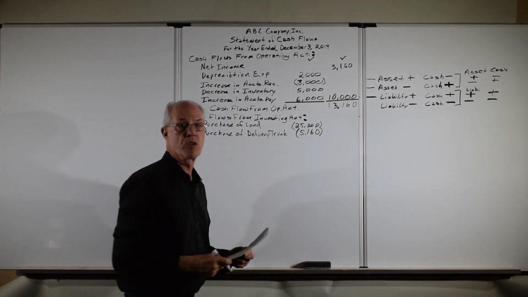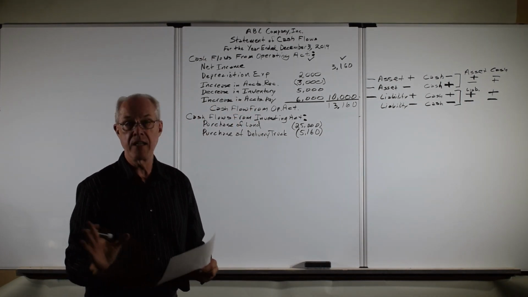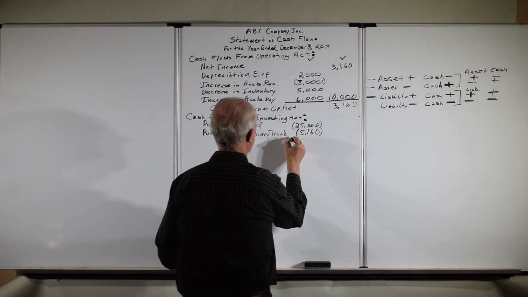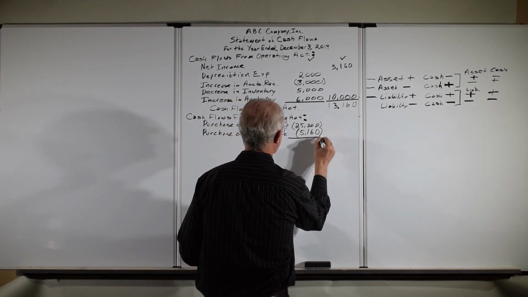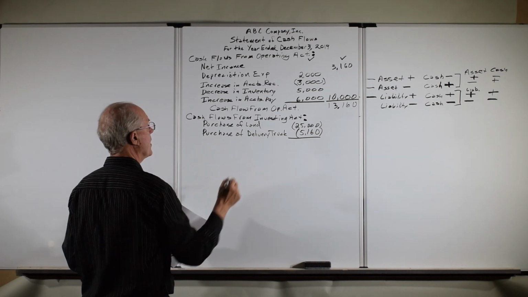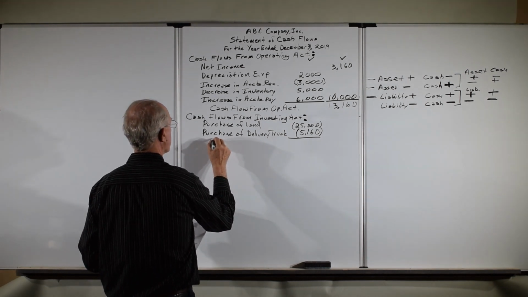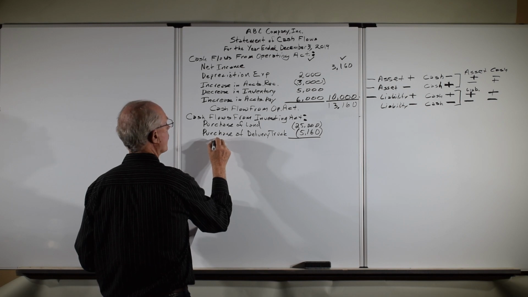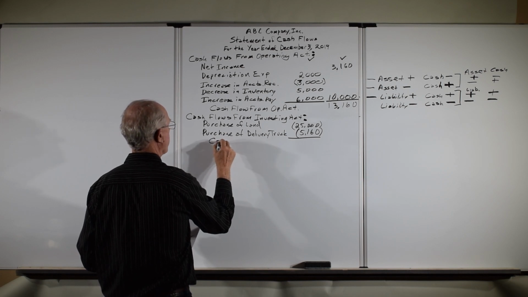So of course, that would also be a cash outflow. And that's the only two investing activities we've got. So let's go ahead and put a line here to indicate some math is going to happen. We'll combine those two amounts, and we'll arrive at the cash flow from investing activities.